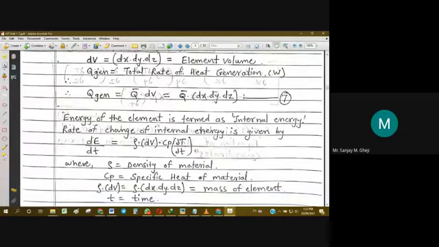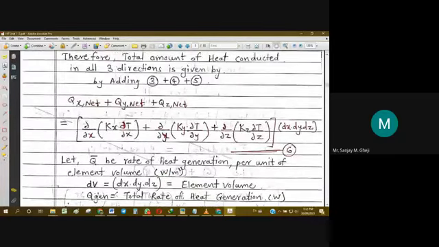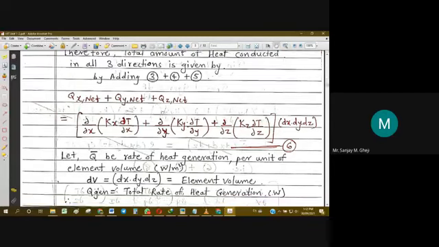Now what will happen because of this process, that is, some heat is incoming and some heat is outgoing in all three possible directions, x, y, and z? This is an external effect. Heat is coming from some body or source, and it is leaving to some other material through the element in all three directions, x, y, and z. And the net amount we have just evaluated.